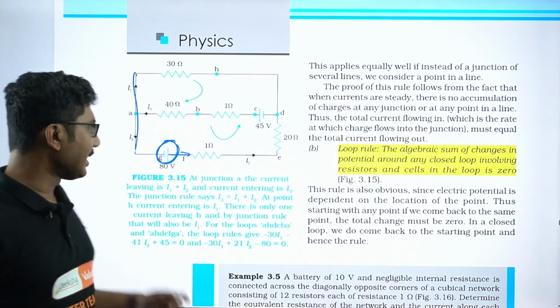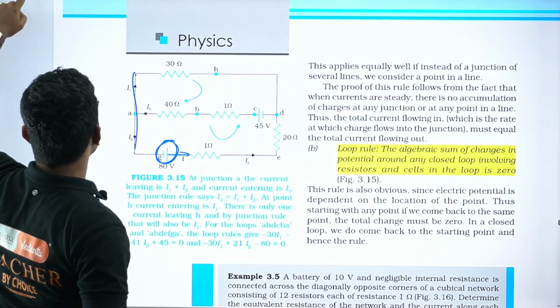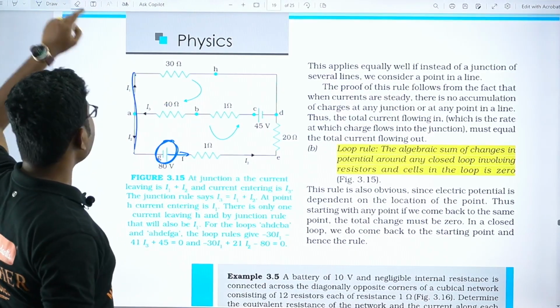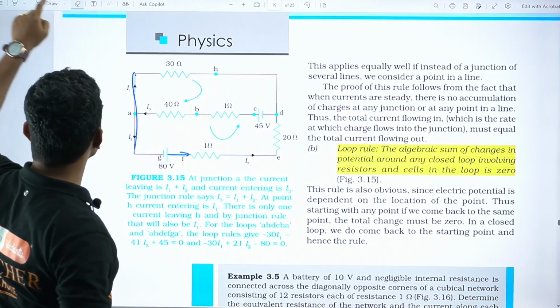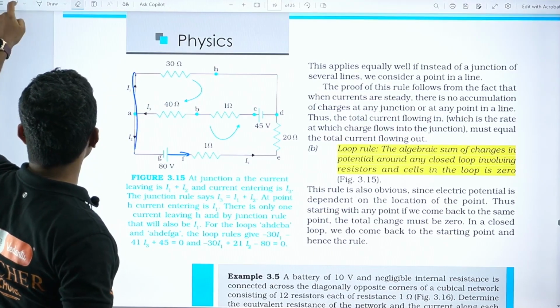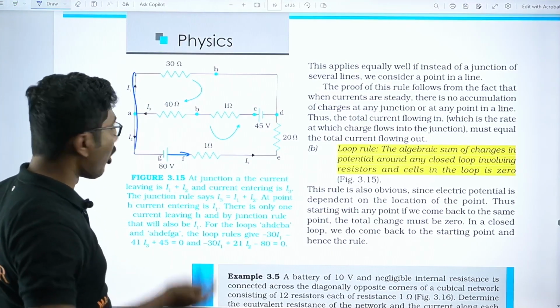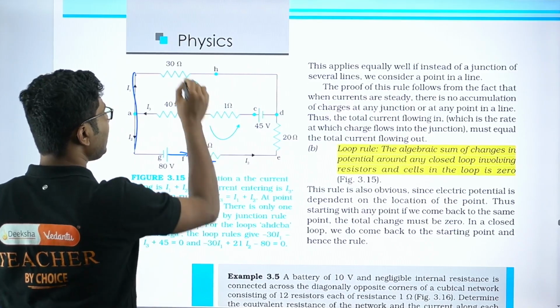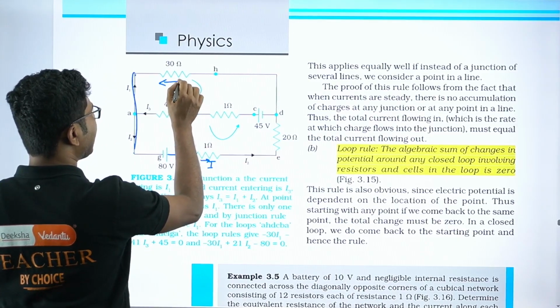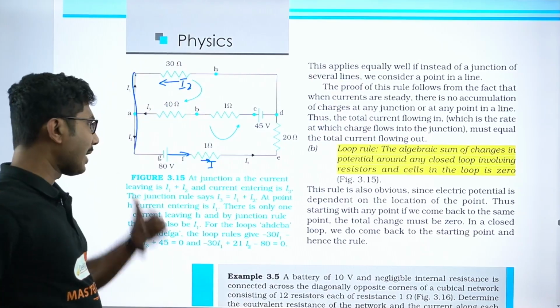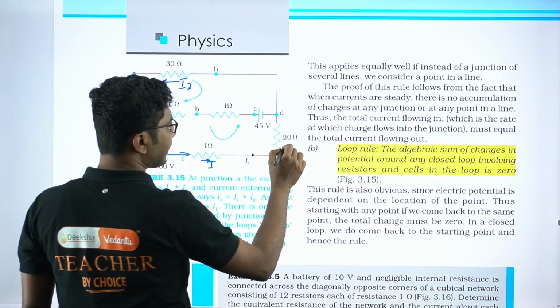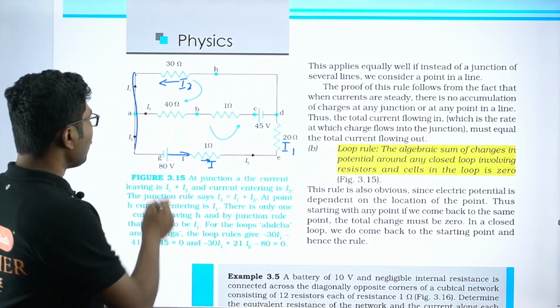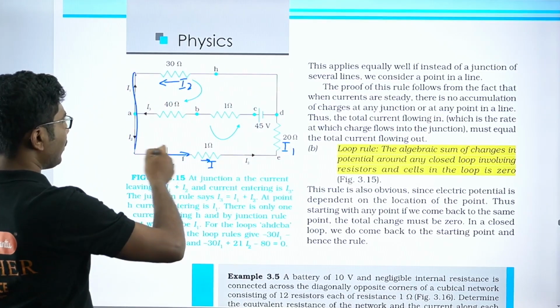That is also fine, but I like to simplify things instead of writing everything with plus and minus. Students often get confused about when to add and when to subtract. The only thing you have to remember is this: suppose the current through this is I, through this is I2, and through this is I1, and you are going through this loop.